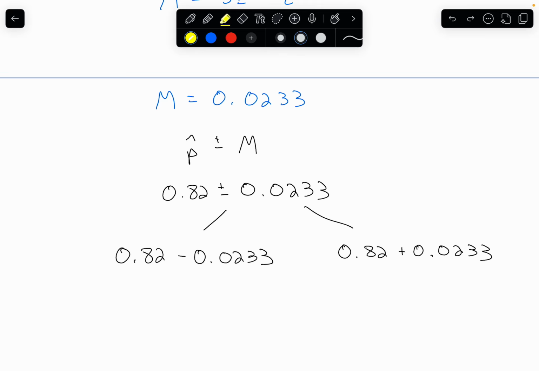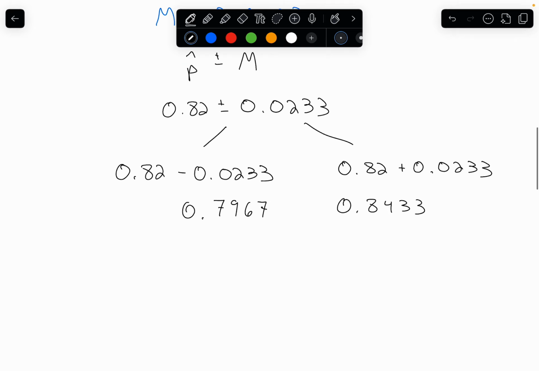So grabbing my calculator, 0.82 minus 0.0233, I ended up with, for my lower bound, 0.7967. And then for my upper bound, I'm going to do now the positive case, the plus case. So I want 0.82 plus 0.0233, and that will give me 0.8433.